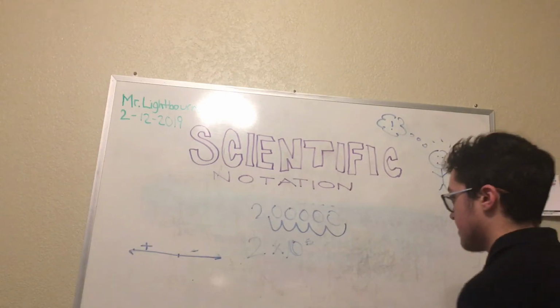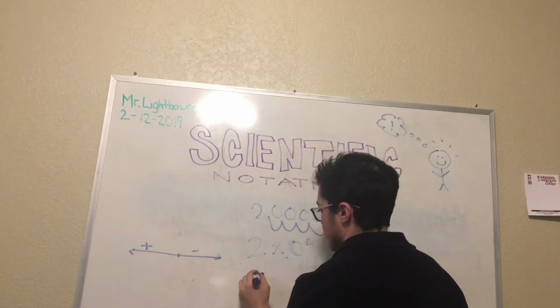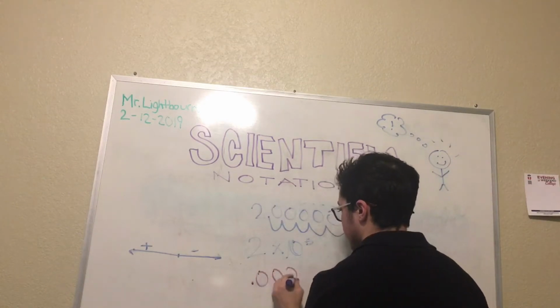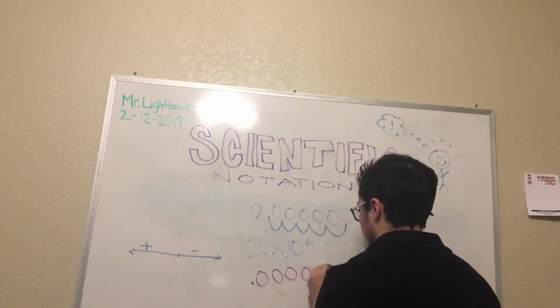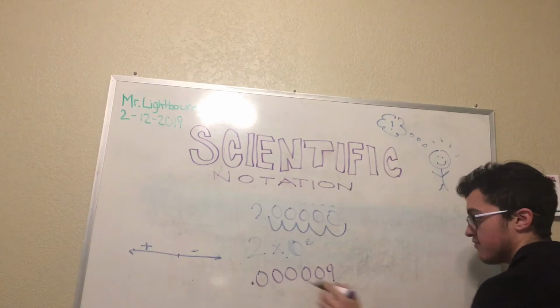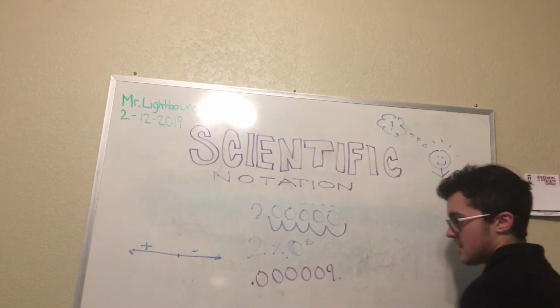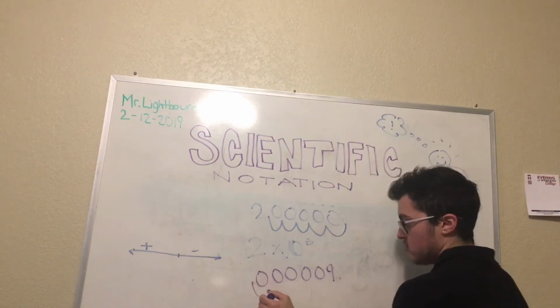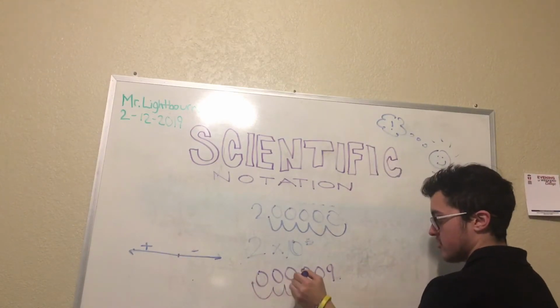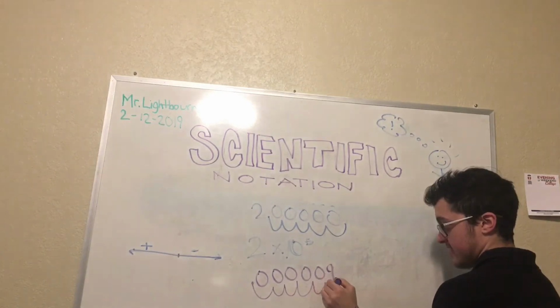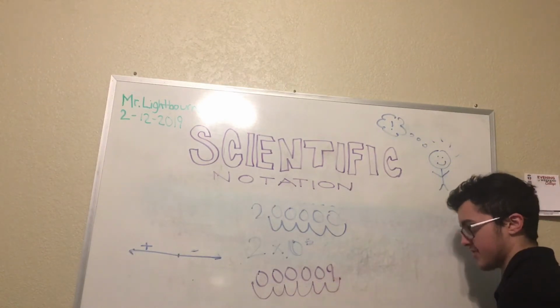Let's look at number 10. 0.00009. If we want this decimal point to be right here, we're going to go 1, 2, 3, 4, 5, 6 places over.